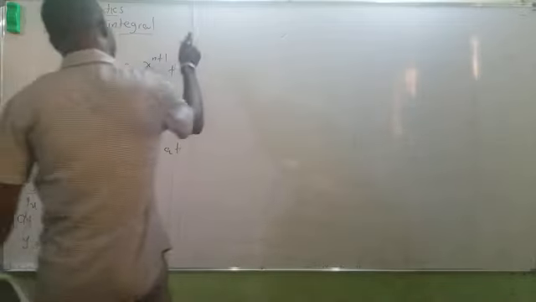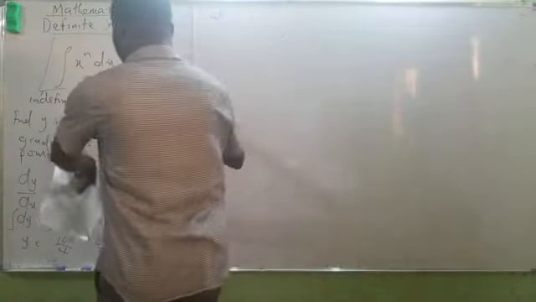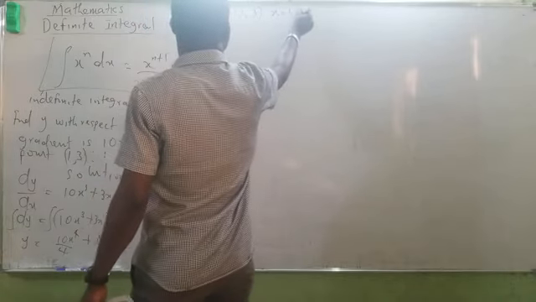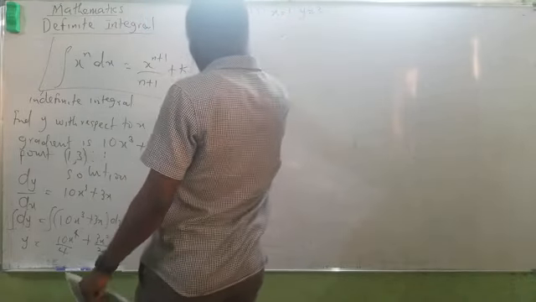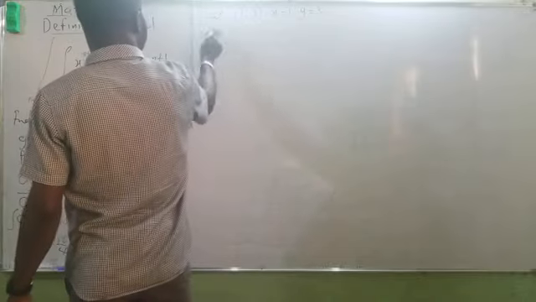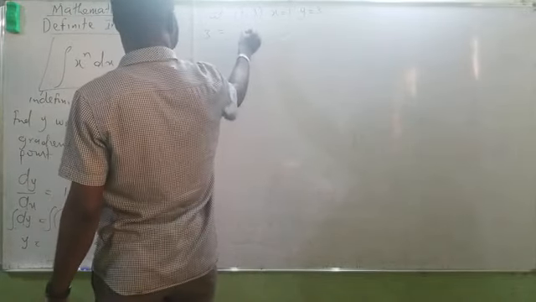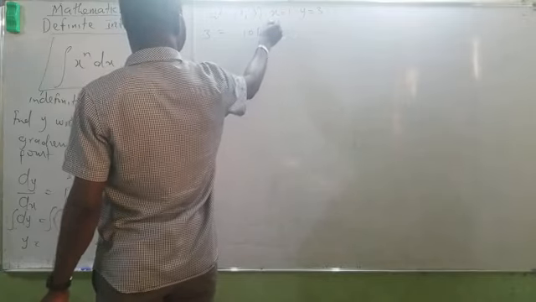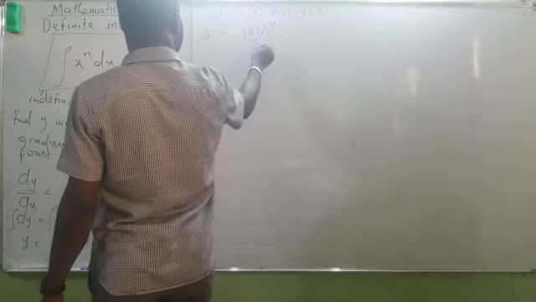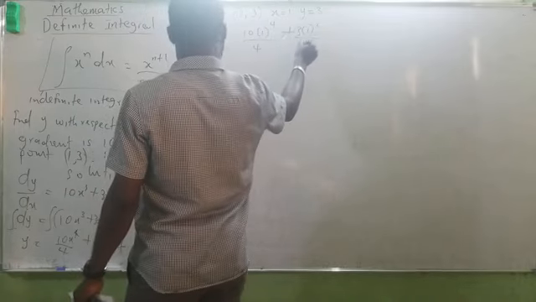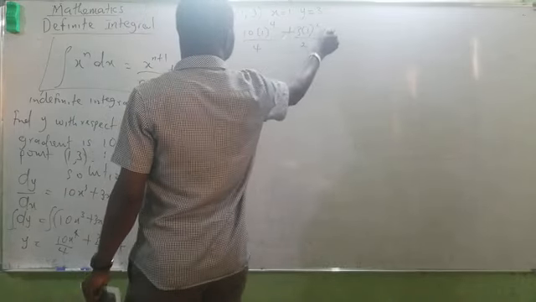Now, at the point 1, 3, it means my x equals 1 and my y equals 3. So I can say 3 equals 10 over 4 plus 3 times 1 squared divided by 2, plus k.